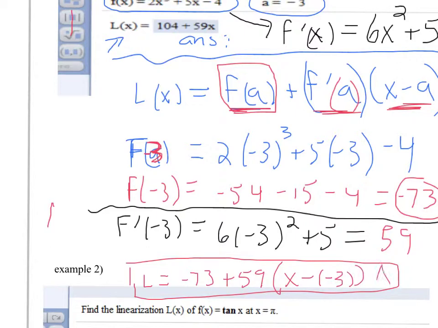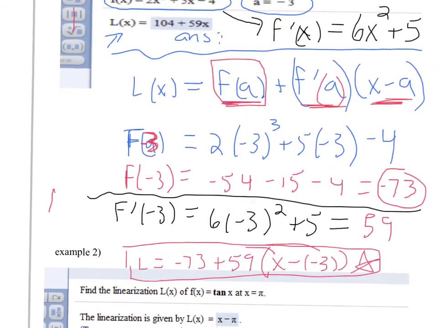Now that is technically right, but you obviously have to clean it up a little bit. A negative times a negative is a positive. You want to distribute the 59, send that through. So 59 times 3 is 177.